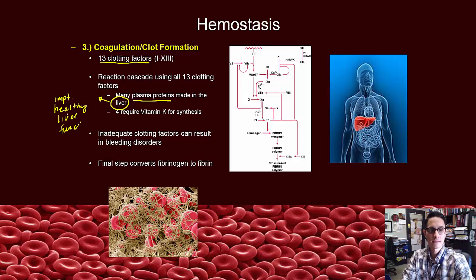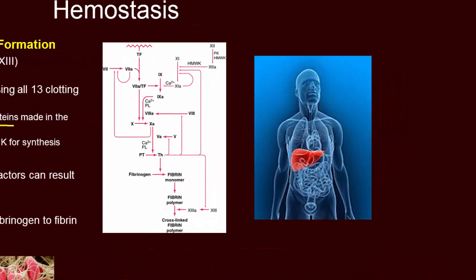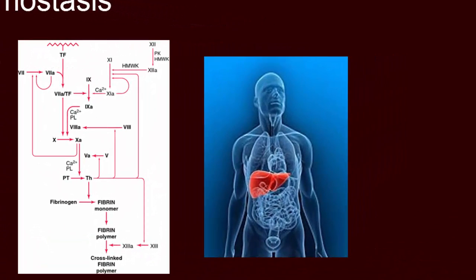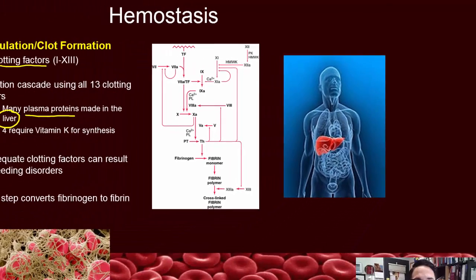Okay, and in specific conditions, for example, if we have hepatitis, which is infection or inflammation of the liver, or if the liver is damaged through drug toxicity or alcoholism, all of this can affect the ability of many of these clotting factors to be produced.